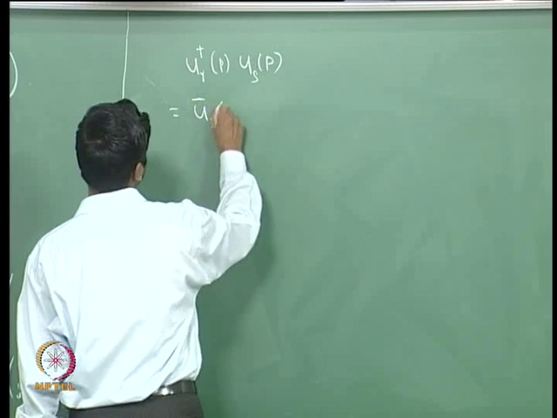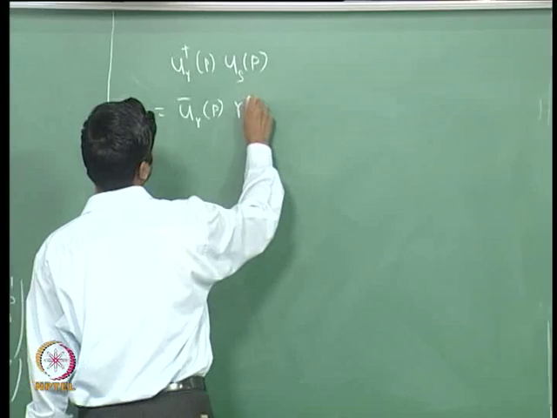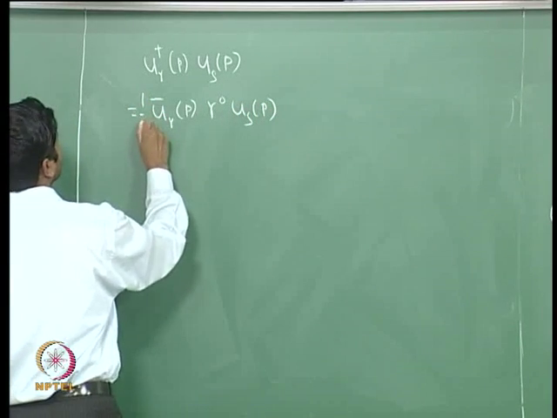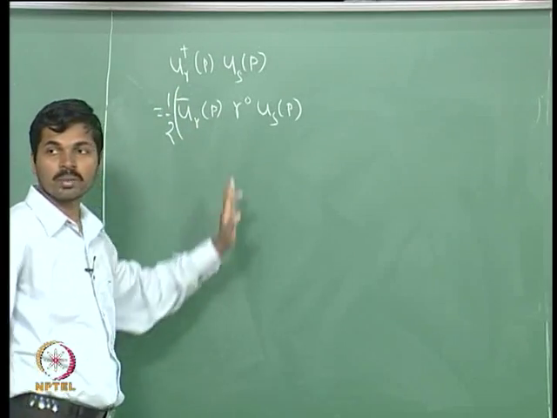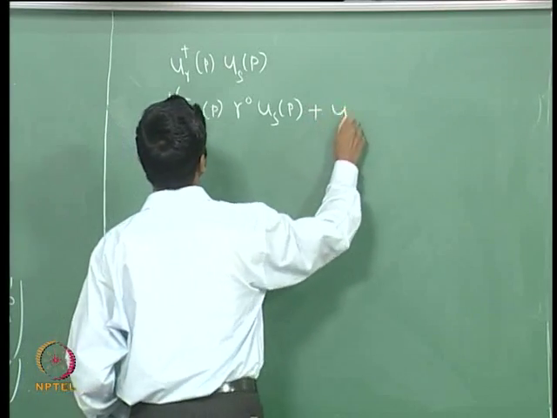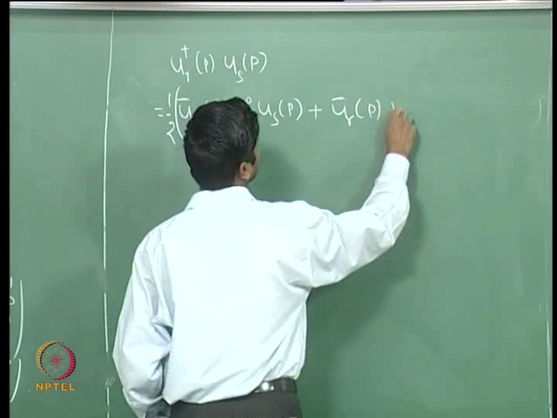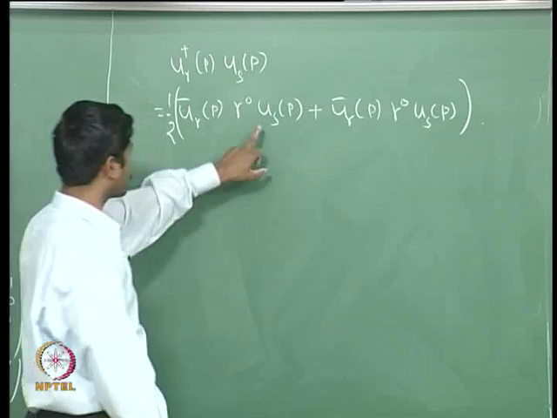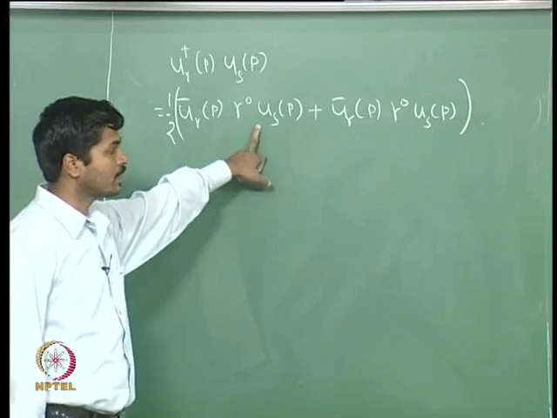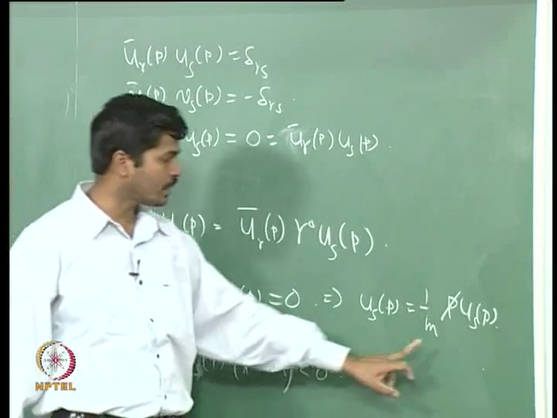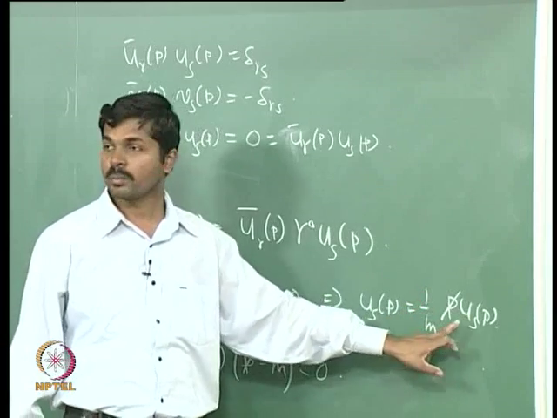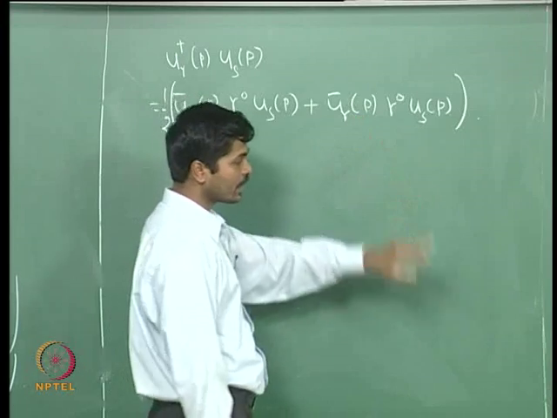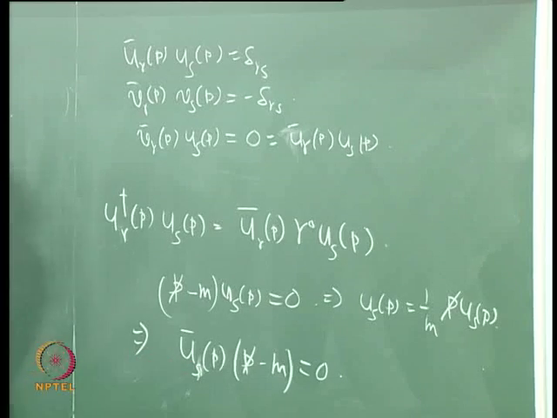u r bar p gamma 0 u s of p, which is half of the same quantity, this plus u bar r p gamma 0 u s of p, and in the first equation I will write for u s p 1 over m p slash u s, and in the second equation for u bar r p I will write 1 over m u bar r p slash.